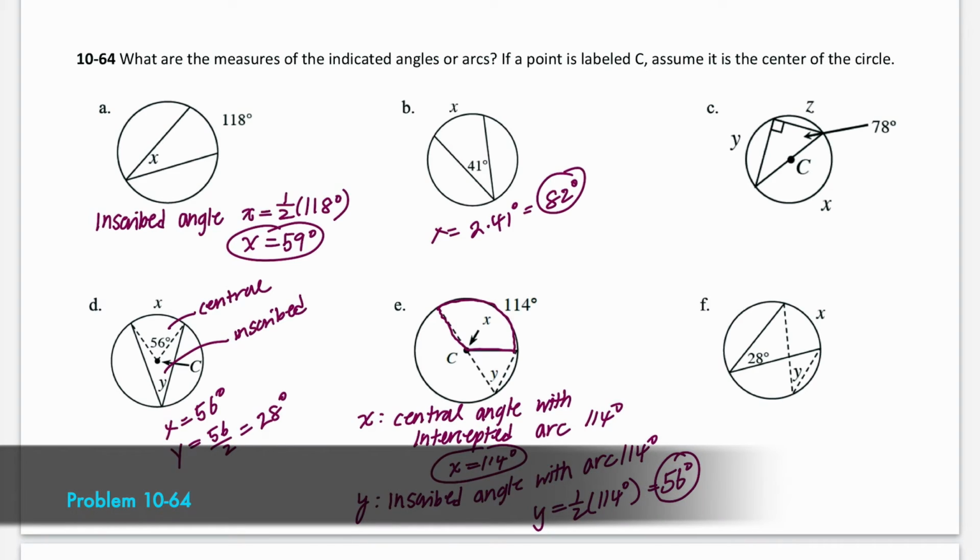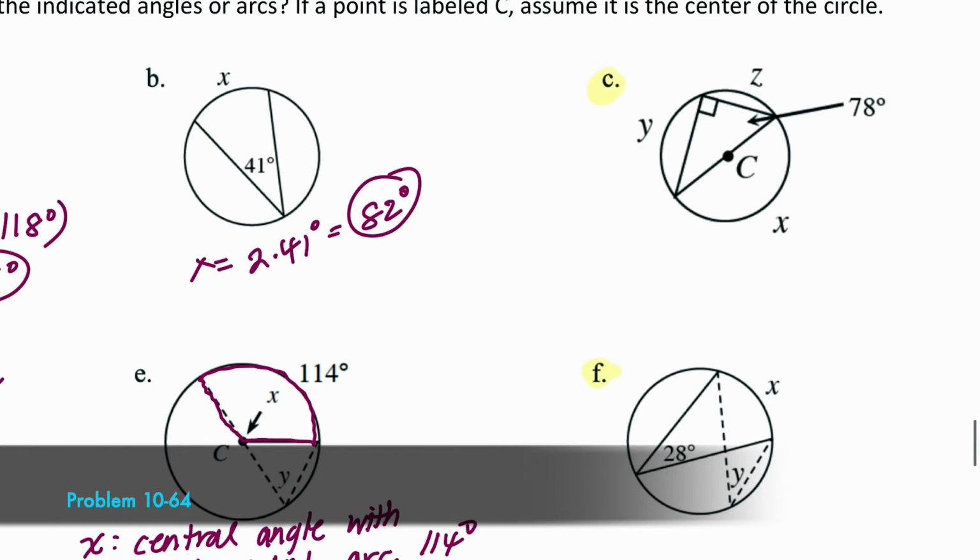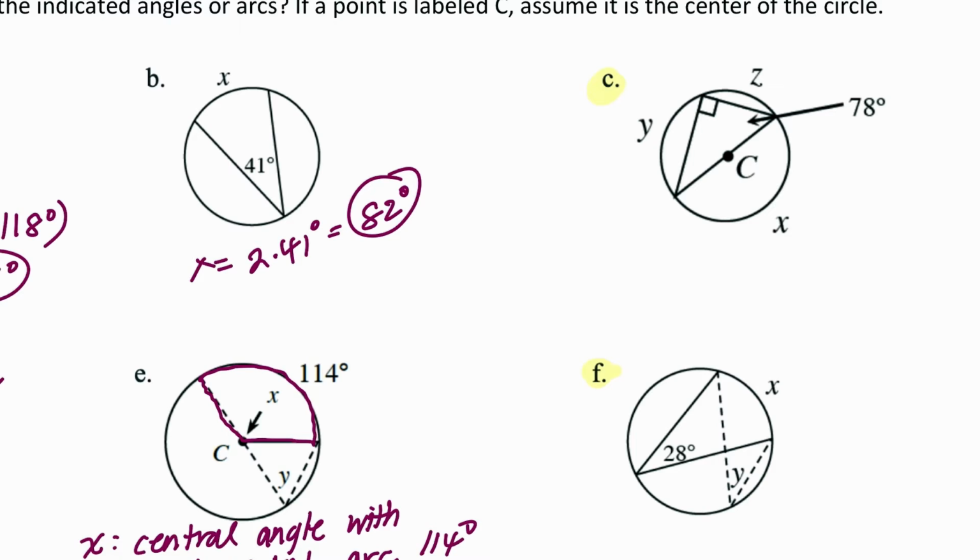All right, so here are answers to the last problems, 10-64, with some of my notes. I'm only going to talk about C and F particularly because those are a little bit more challenging, okay? So first, I'm going to zoom in here to part C. Part C, I would like you to recognize that, and I'm going to use highlighter again, this is a diameter, okay?